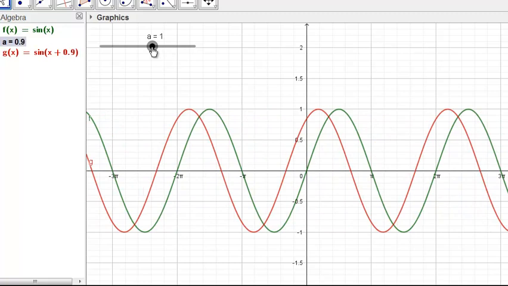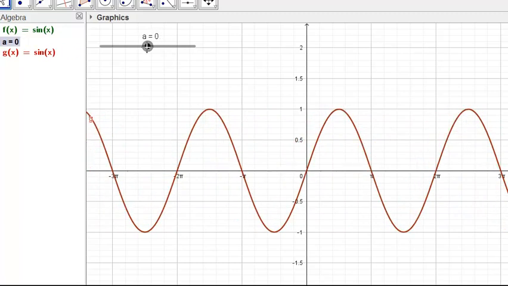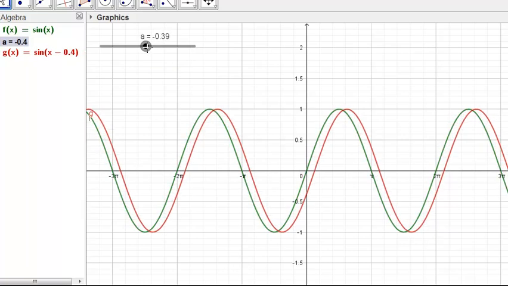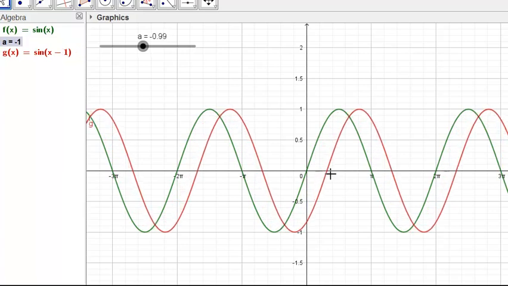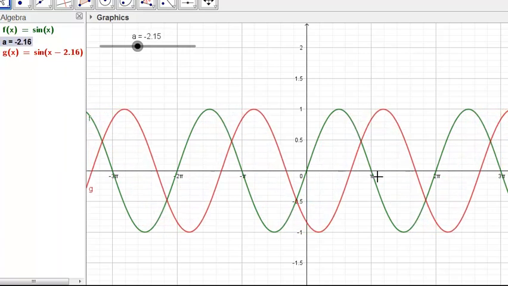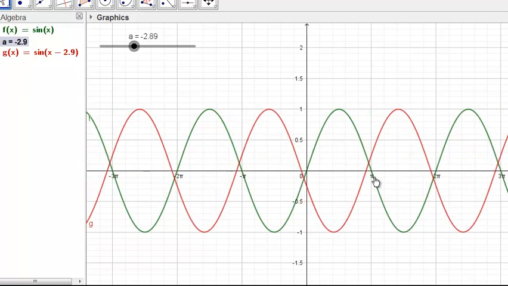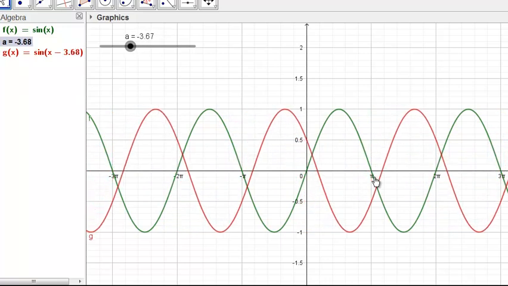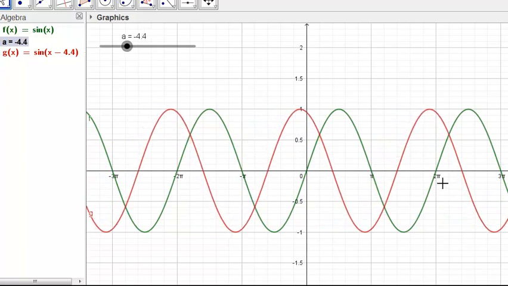So notice if I bring this back to 0, we're back where we started. Let's make this negative now. Again, notice how far do I have to shift it over? Now it's approaching pi. And then 2 pi.